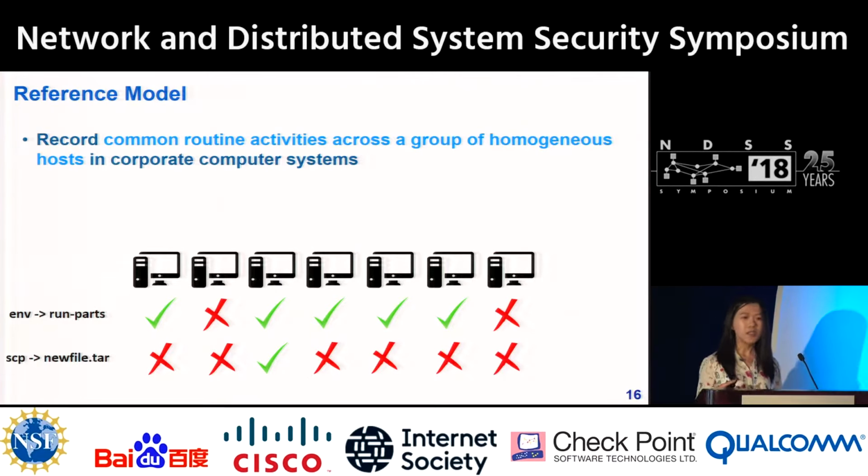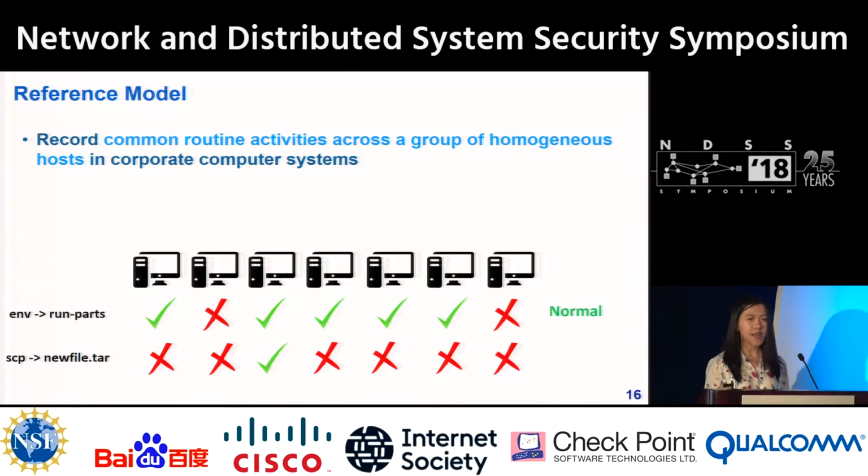The basic goal of this model is to record the common system routines from homogeneous hosts in a corporate system. Here we have a set of homogeneous hosts. Our intuition is that if an event has been observed frequently from the majority of these hosts, we will tend to believe that it is normal.